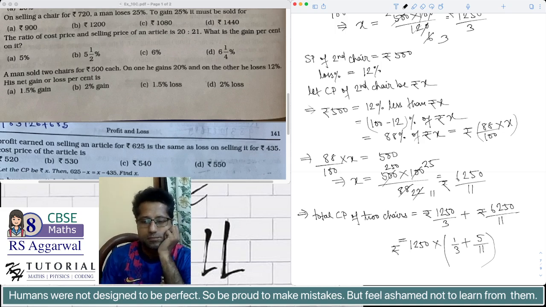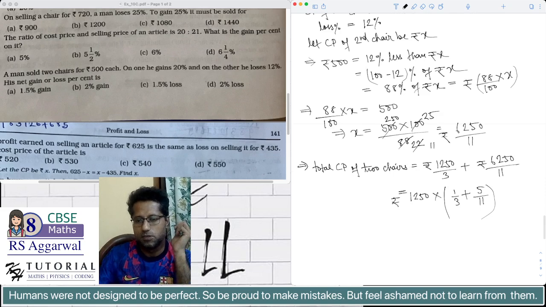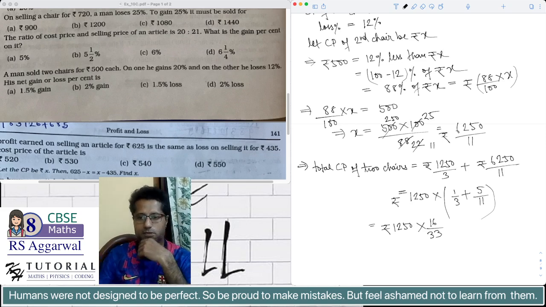This is equal to rupees 1250 multiplied by 1 by 3 plus 5 by 11, which is 11 plus 5, 16 by 33. 16 by 33. This is the total cost price of two chairs.